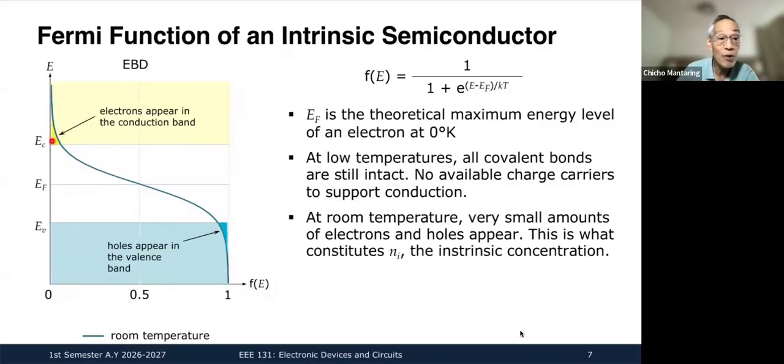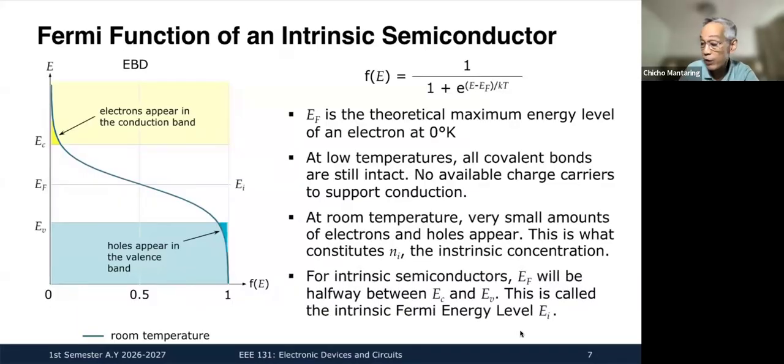So what is this now? These are your intrinsic electrons, and these are your intrinsic holes. Together, they form your intrinsic concentration. So the number of electrons and the number of holes will be your intrinsic concentration.